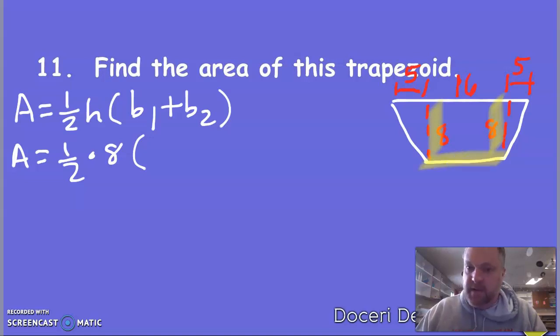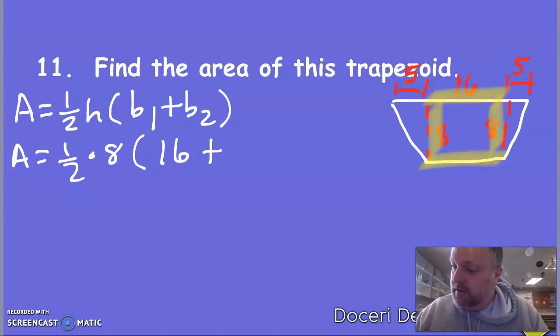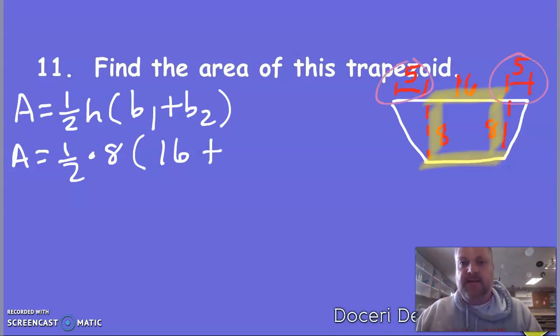So if you look at the bottom, it's the exact same there, so it's going to be 16. And then we add that to base 2, which is not just 16, but if you see, there is 5 on each side. So that bottom base, the base 2, is going to be 16 plus 5 more, which is a total of 26. So my base 2 is 26.